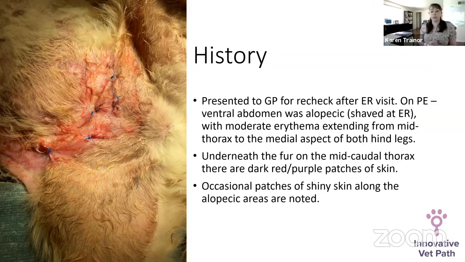So underneath the fur, they made a very important observation. They noted from the mid-caudal thorax that there are some dark red, purple patches of skin. So now we're getting some mixed signals here, and they also noticed some occasional patches of shiny skin along the alopecic areas.